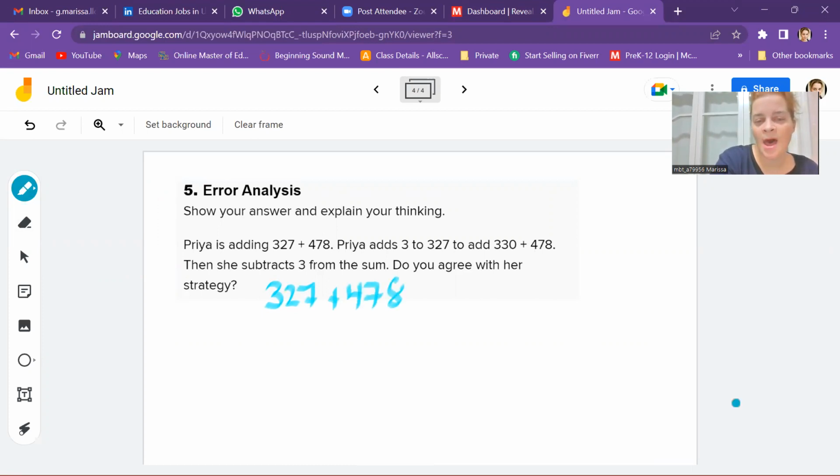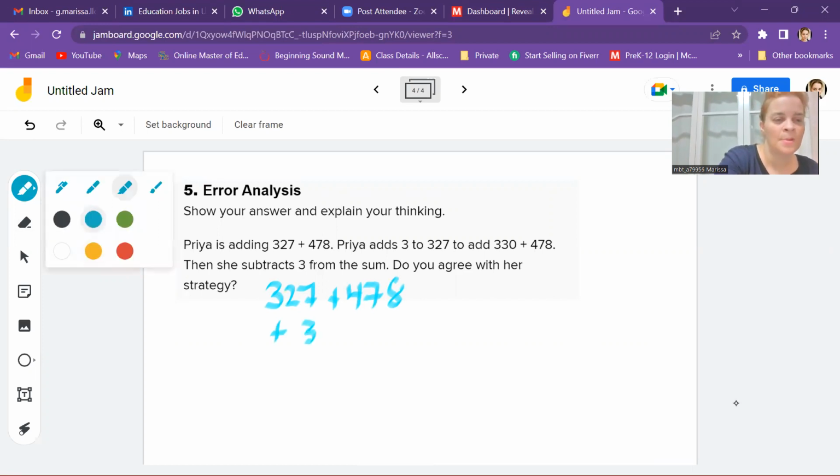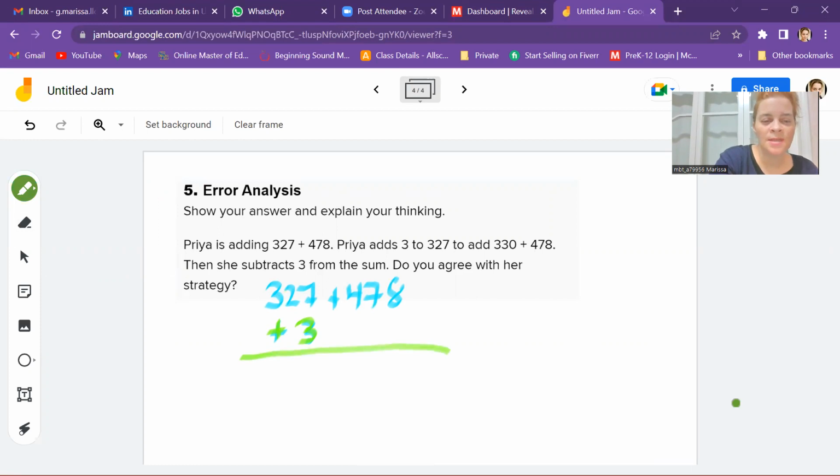She is going to add 3 here, but she's not going to do anything with this. Okay, so she's going to say that 327 is 330, so this is 10, carry 1, 3 and 3, okay, plus 478.